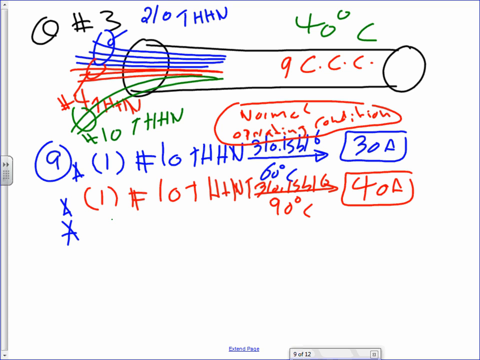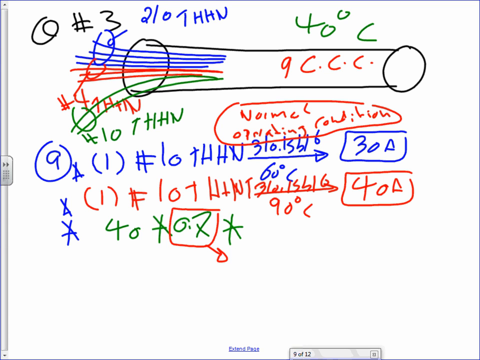So you take your 40 amps, multiplied by, based on temperature, guys, what's the derating factor for 9 carrying conductors? 9 carrying conductors. Thank you. 0.7, multiplied by the temperature factor, and I'm going to write where this came from. You guys are very familiar with this.